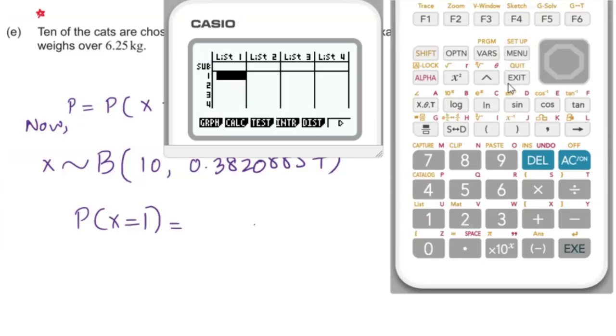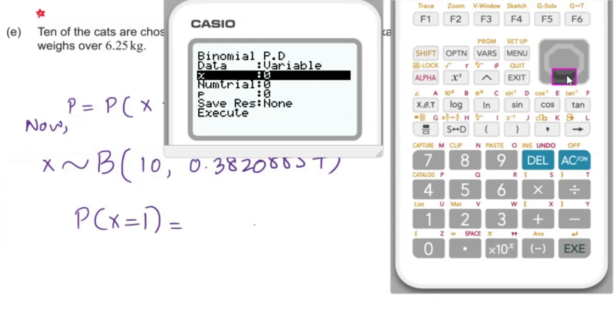Stats, distribution, binomial, and this is PD since it's an exact value. In place of X, put a 1. In place of number, you can put a 10.